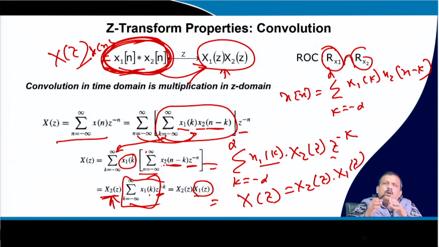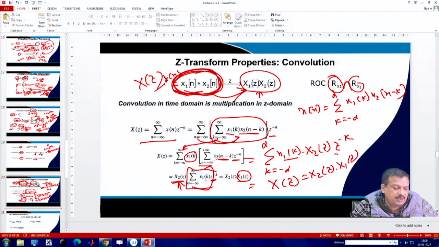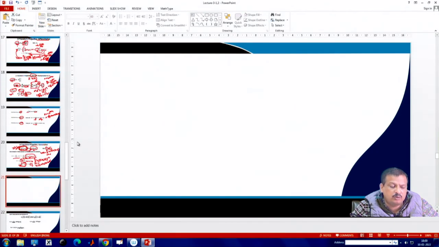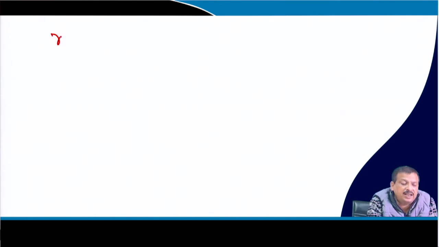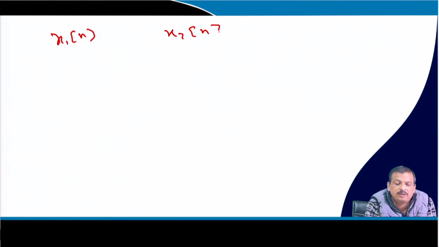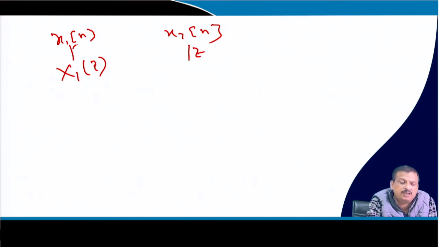Okay. So suppose instead of doing convolution in time domain, I have a signal x1 n given and another signal x2 n given. I can take a z transform to get X1 of z, and convert the other to X2 of z.